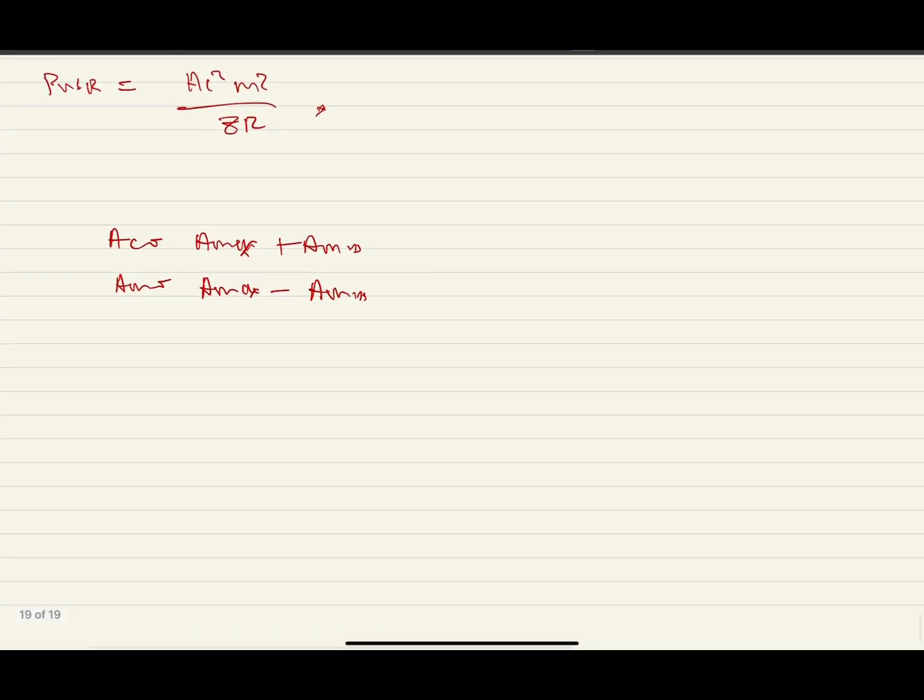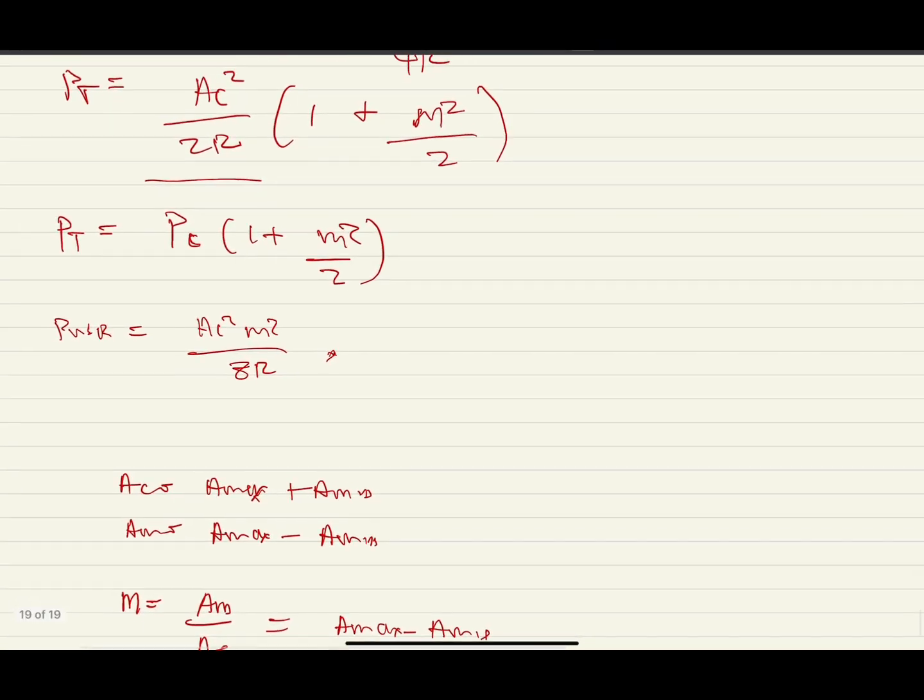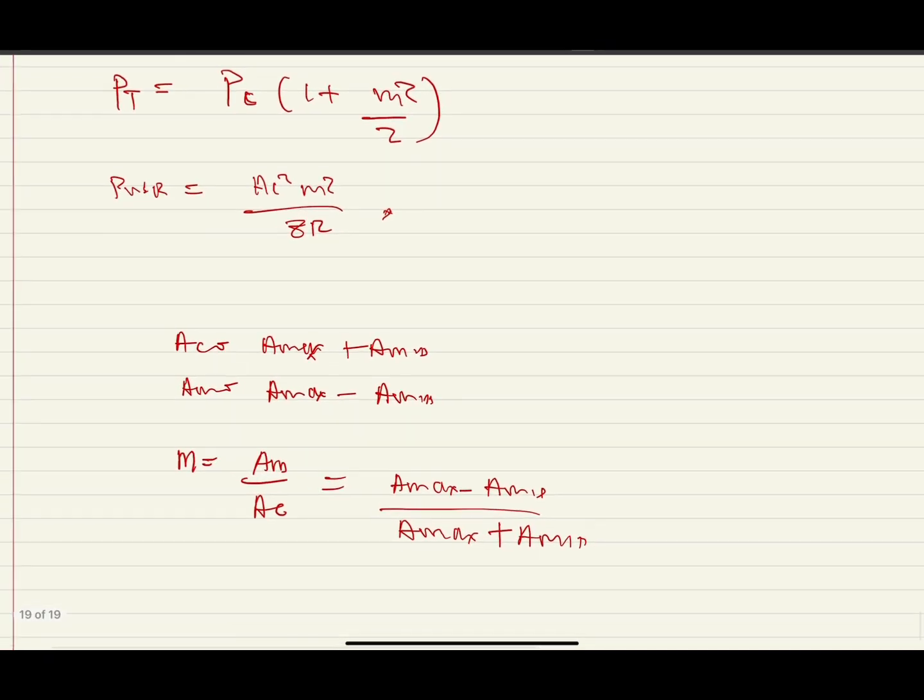And remember that the modulation index, which is m, we concluded is AM over AC, and therefore when we replace these inside, we get A max minus A min over A max plus A min. So you can see that if you are not given the values of AC and AM, but you are given the maximum and the minimum amplitude, you'll be able to come up with the modulation index, which will help you calculate the total power requirement of an AM modulated signal.